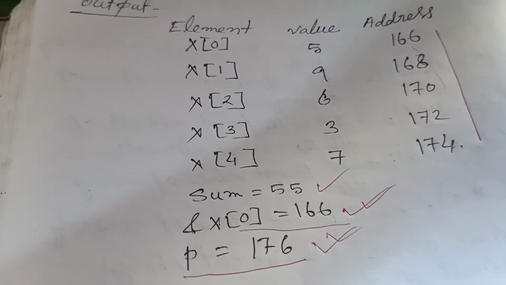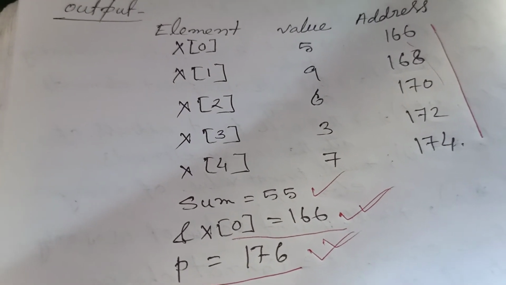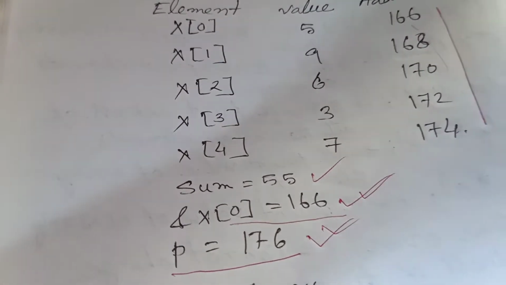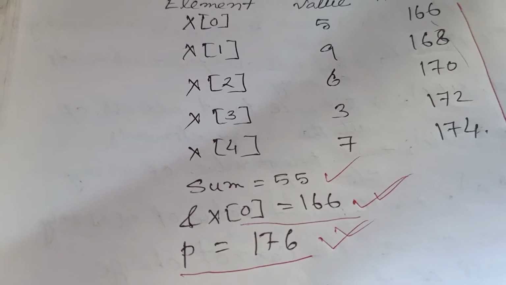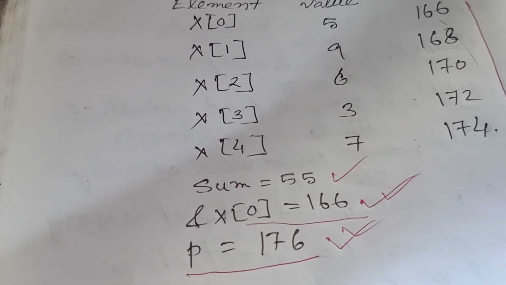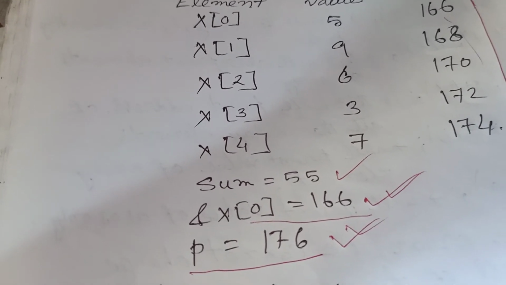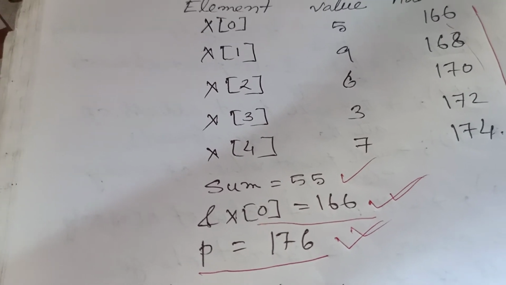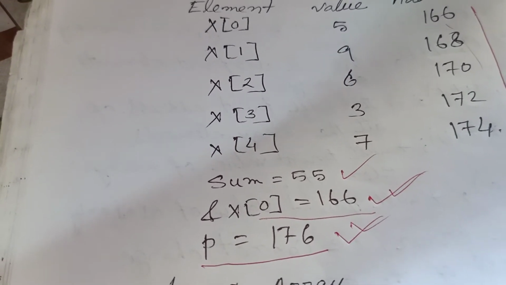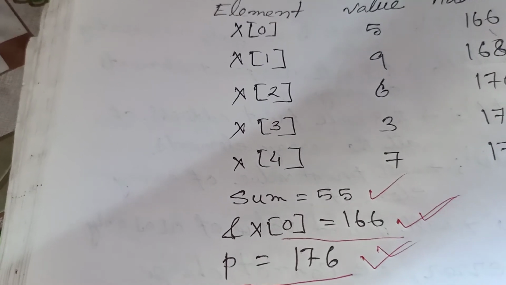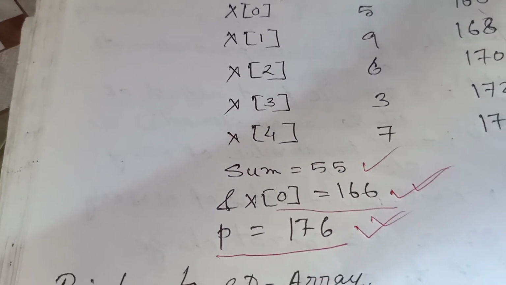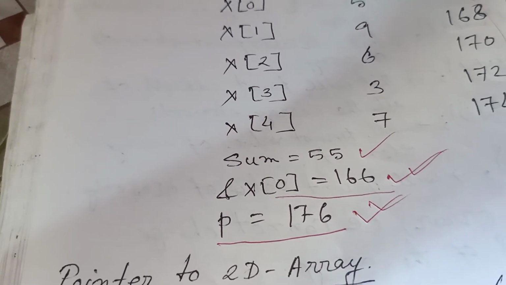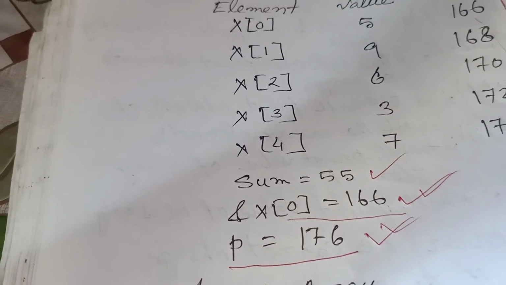because the pointer variable is also in integer data type. As we learned in the declaration part, the pointer variable is in the same data type. So here the pointer variable p is also in integer data type, as the elements are in integer data type.